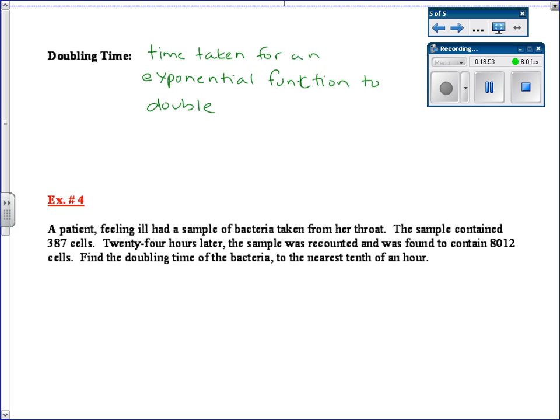And the formula is quite similar to half-life. Again, A is equal to A naught, but this time our growth factor is 2, and then it's raised to the power of t divided by d.